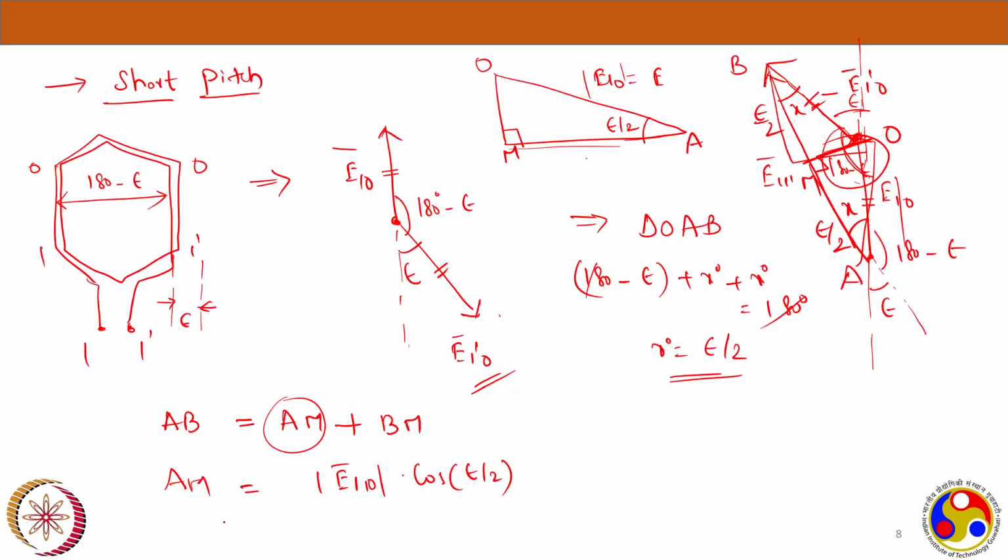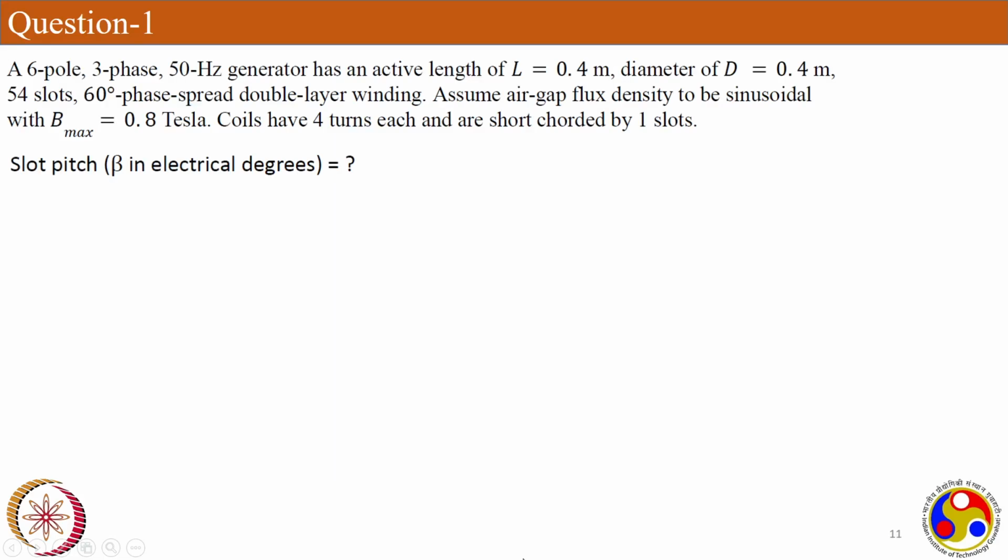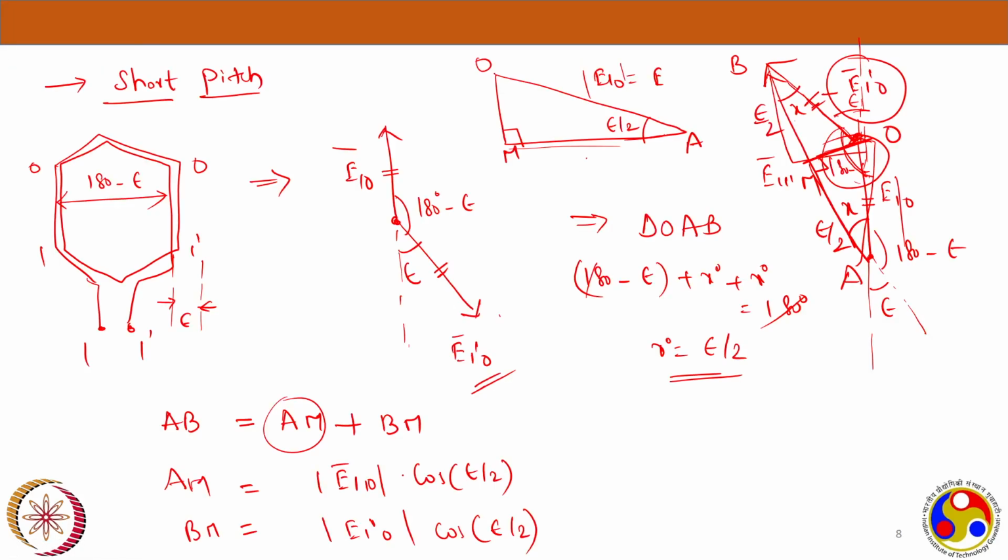So that is AM. Similarly BM will be this hypotenuse, that is E1 dash 0, times cos of the same angle epsilon by 2. Right, we got the two sides here, AM and BM, and the resultant will be AB, which is the sum of these two.